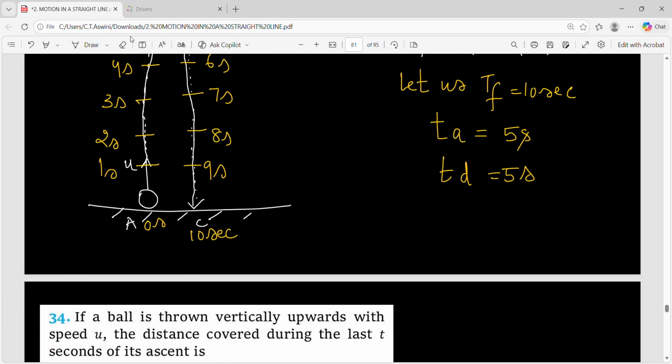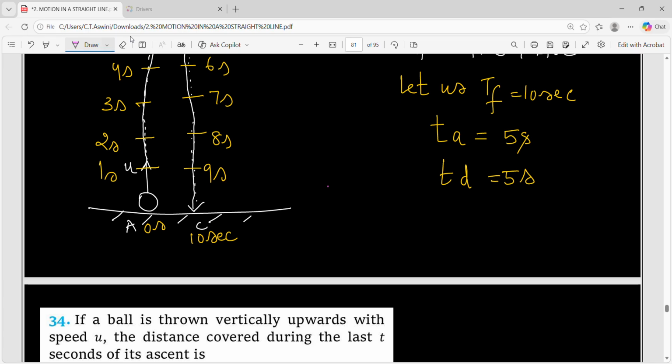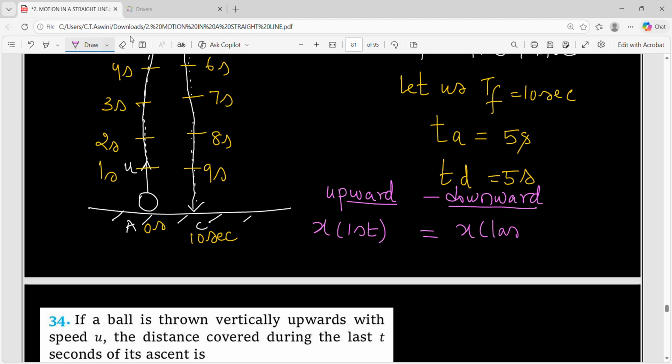If you take the upward journey distance traveled and compare it with the downward journey distance traveled, the distance traveled by the body in the first second in upward will be equal to the distance traveled by the body in the downward journey in the last second.